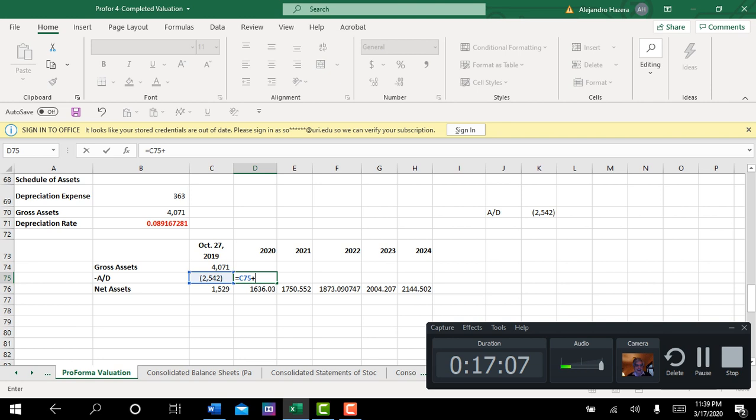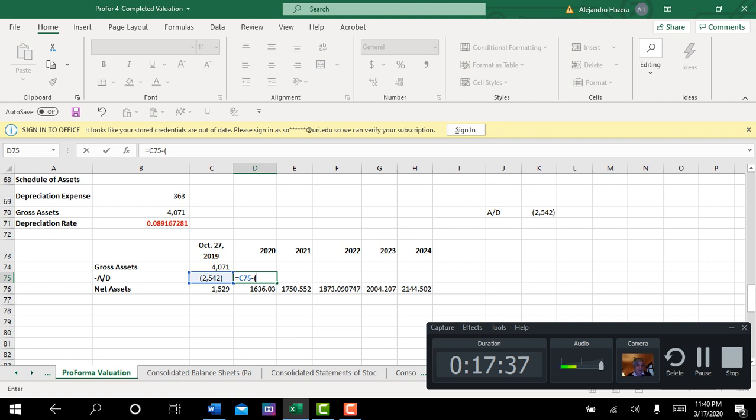Then we're going to add to that, and we're going to put it in parentheses, the product of our beginning gross assets. Actually, because it's a negative, we're going to subtract that because we're working with a negative. Negative times a negative is really positive.